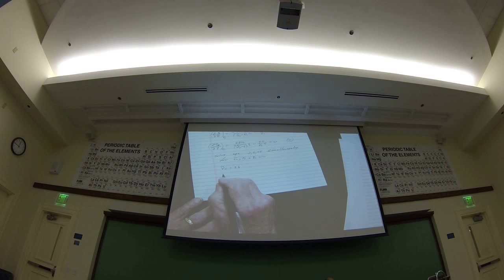That's pretty amazing. You'll find that PC depends on a over 27b squared, it depends on a and b, and you need to convince yourself that it has the dimensions of pressure, which should be pretty obvious from looking up here at a, which is pressure times volume squared.